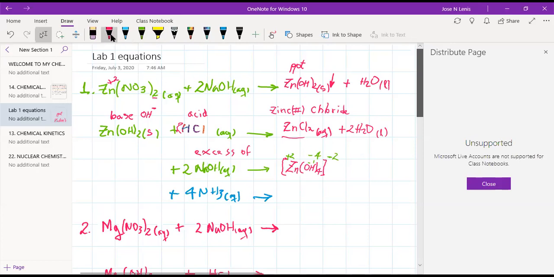We should put red here because we're talking about the charge of the ion, -2. And this is aqueous now. Aqueous is soluble.